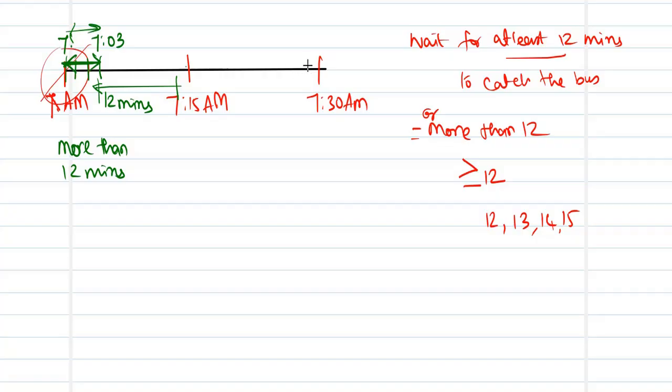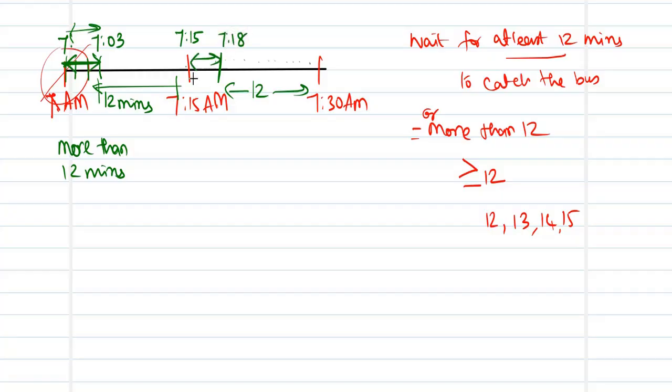Now the only option for him is catching the 7:30 bus. If he has to wait for more than 12 minutes to catch the 7:30 bus, then going 12 minutes backwards, 30 minus 12 makes it 18. So he must have entered between 7:15 to 7:18.